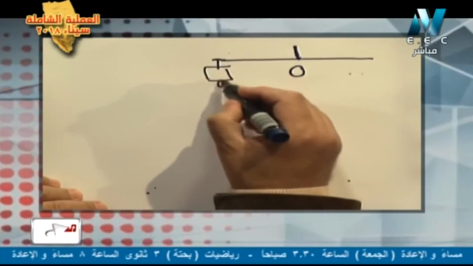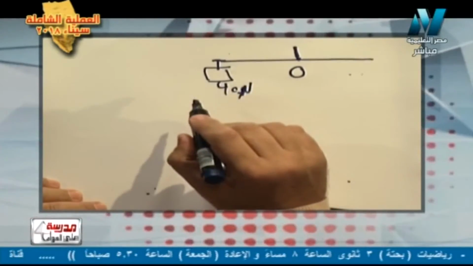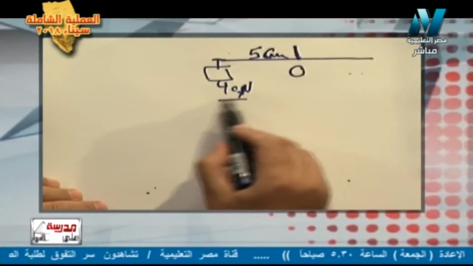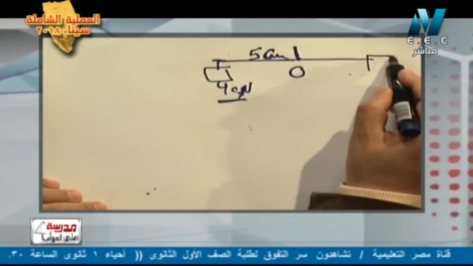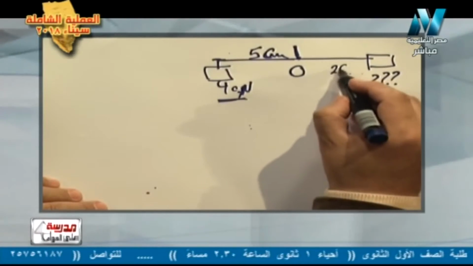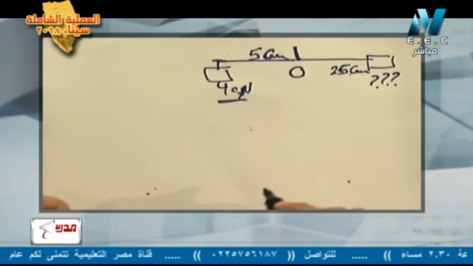A force of 40 Newton is exerted at one side at 5 centimeter from the midpoint. So I have here a force and its force arm, and you must find what weight must be hanged here at 25 centimeter to get the bar balanced.